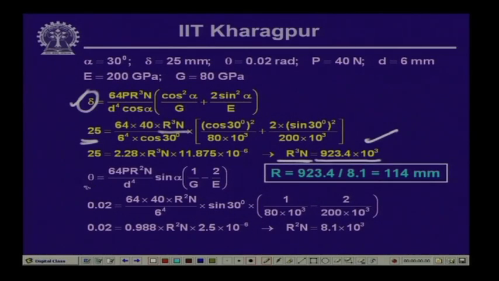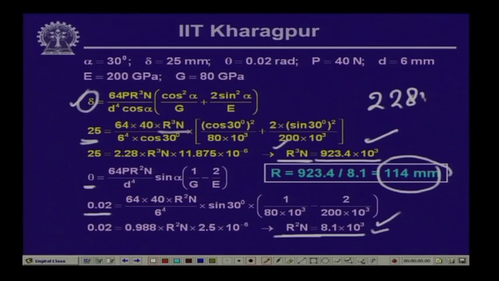Now, we know the limiting angular rotation is equal to 0.02 radian. So, if we substitute these values, except r and n, we get the value of r square n as equal to 8.1 into 10 to the power 3. Now, if we divide r cube n by r square n, we get the value of r, which is equal to 114 millimeter. So, the diameter is equal to 228 millimeter for this particular spring.